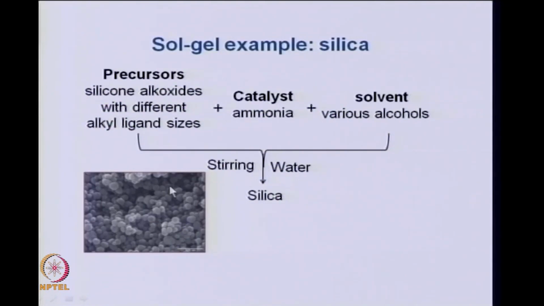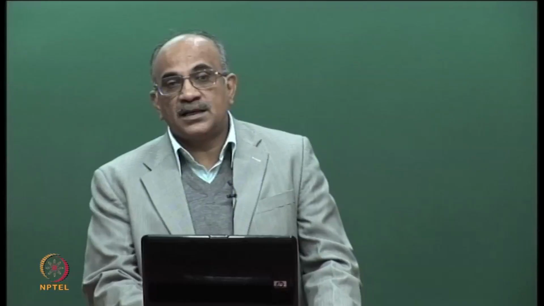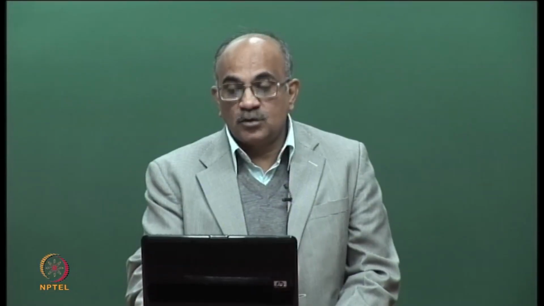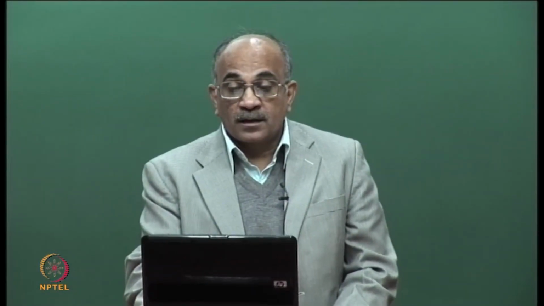So, we discussed three examples of some of the most important nanostructured materials, thousands of tons of these materials, titania, alumina and silica, are used in industry.